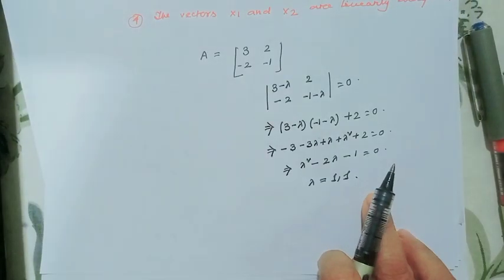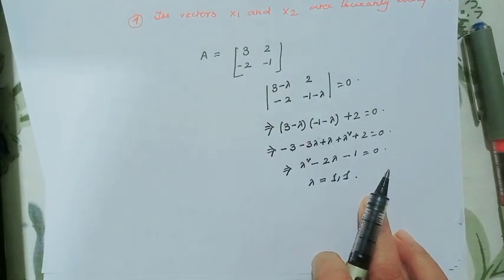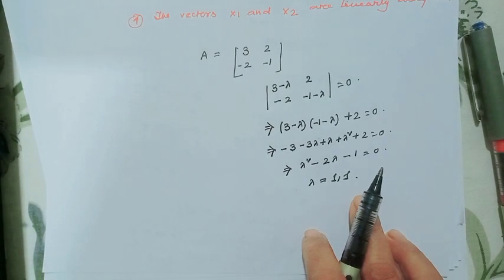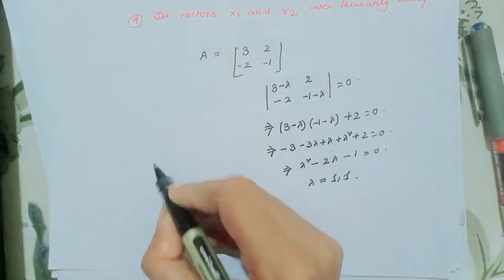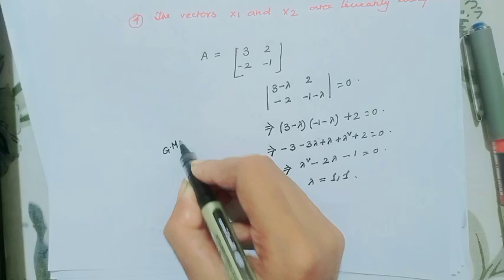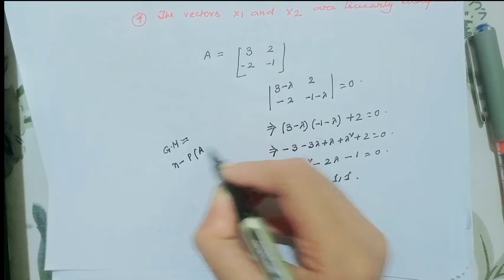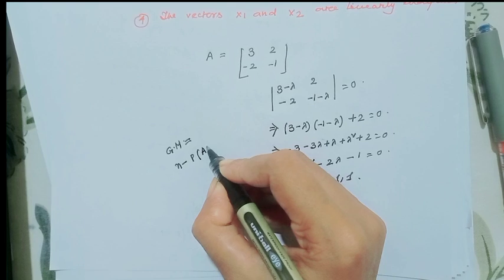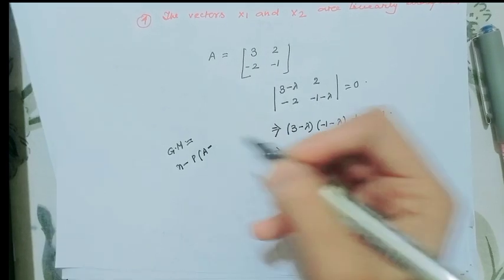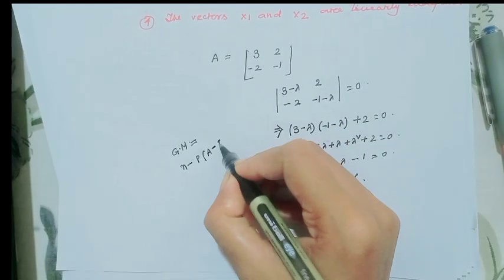For a repeated root, at first find the geometric multiplicity. Geometric multiplicity is n minus rank of A minus lambda I, and here lambda is 1.